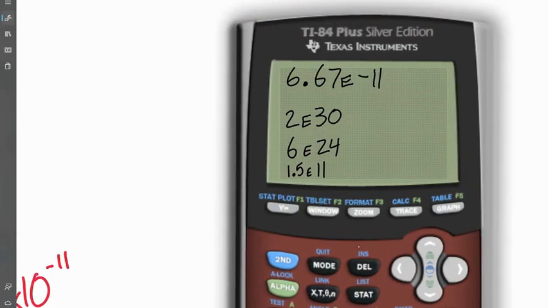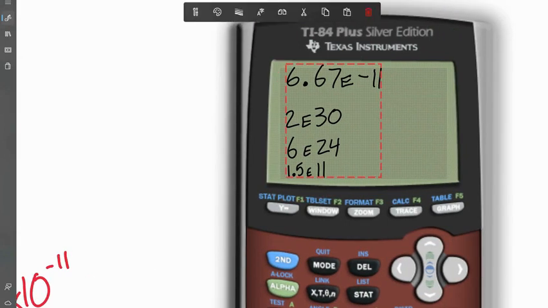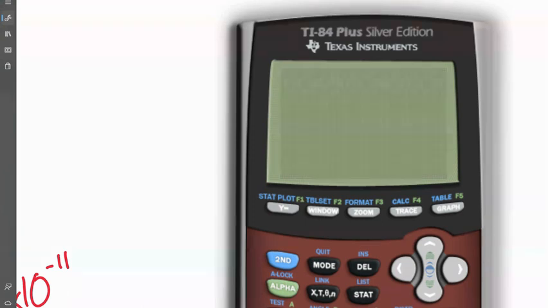What's nice is if we are going to type these all in, I'll clear this out for just a moment. All right, so I want GMM over R squared, right? G, mass sun, mass Earth, over the radius between them squared.